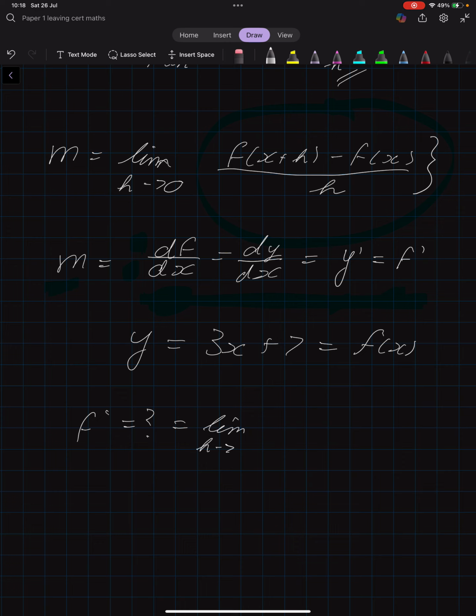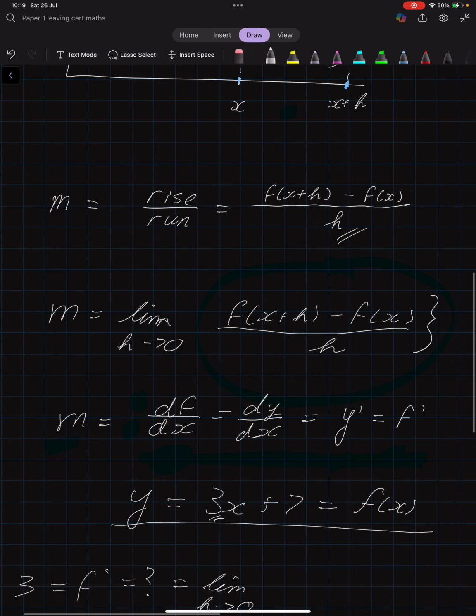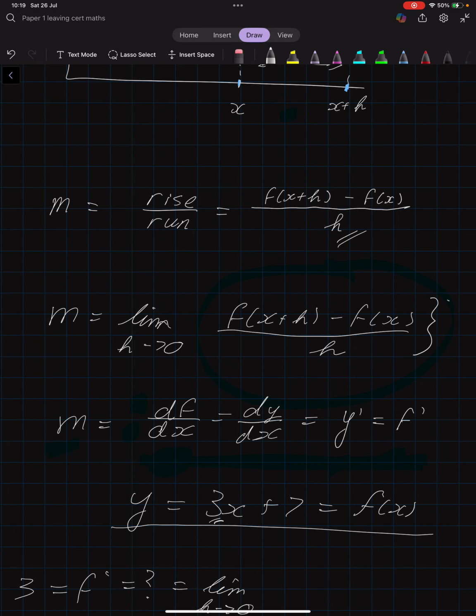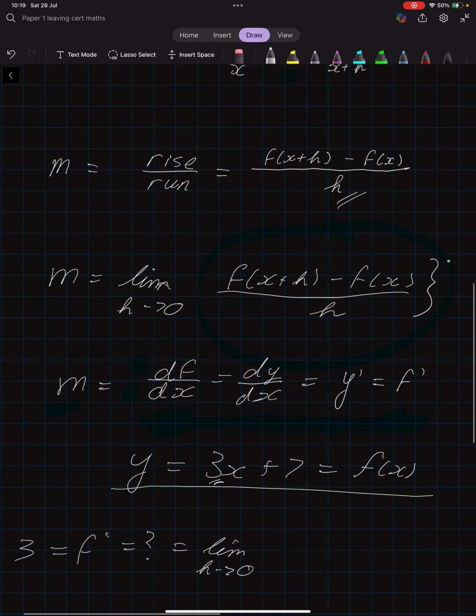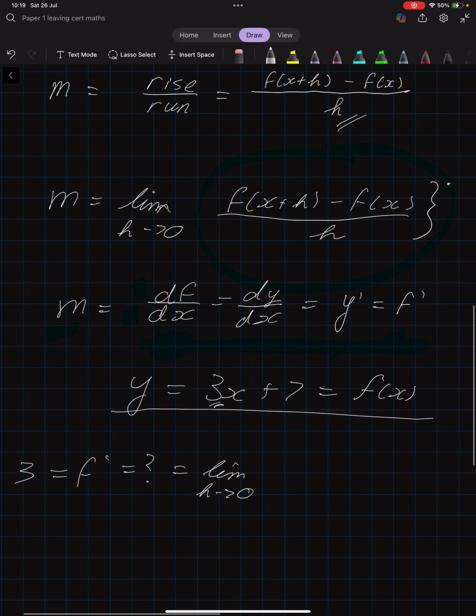Now, first of all, you can tell me what the slope of this is straight away. Does anyone know what it is? Again, you can pause the video and think about it. It's 3. Remember, if it's a straight line, this is always the slope. Okay? So, that's what I should get. So if what I've done up here is correct, and this does make sense, then I have to get 3. And if I don't get 3, then I know I'm incorrect.